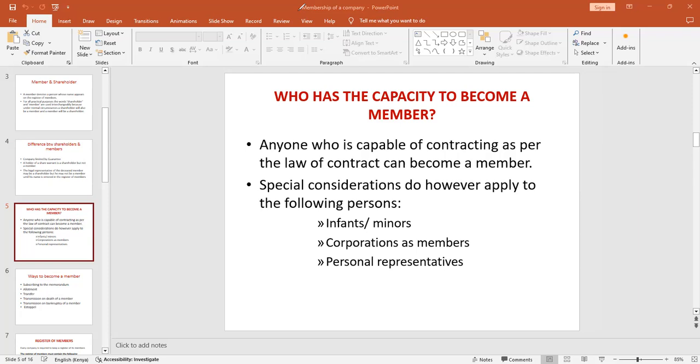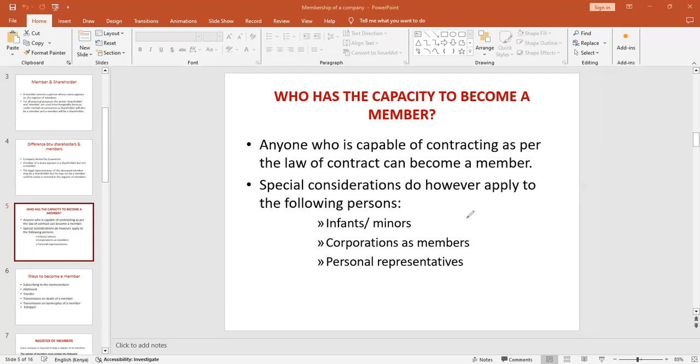Okay, so understand it. It's fairly straightforward. Membership means you want to own that company. Let's think of it that way. You want to own the company, or you want to own part of the company. So who is capable of owning part of the company? Then you say, well, how do you own part of the company? Through acquisition of shares. So who can buy shares?